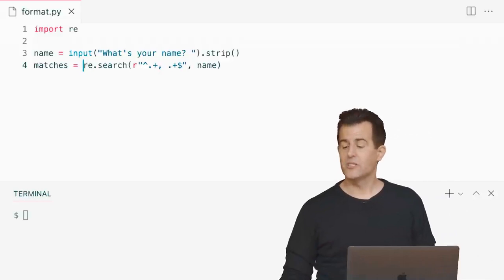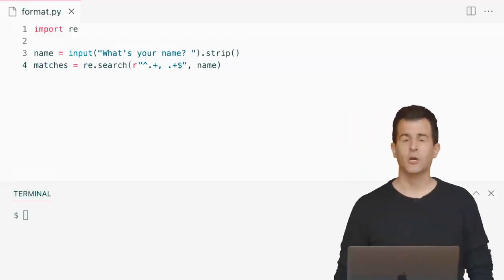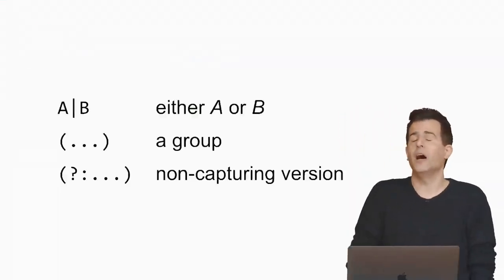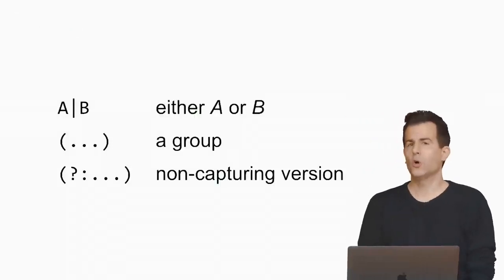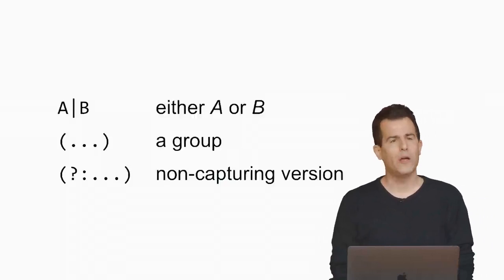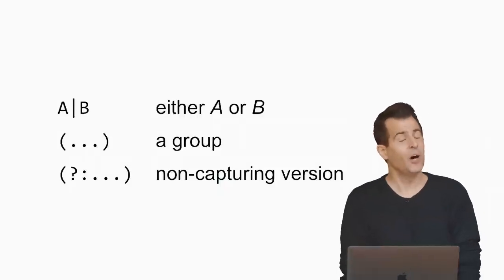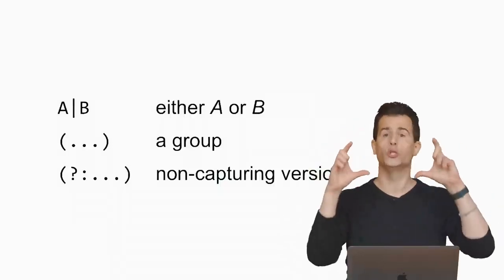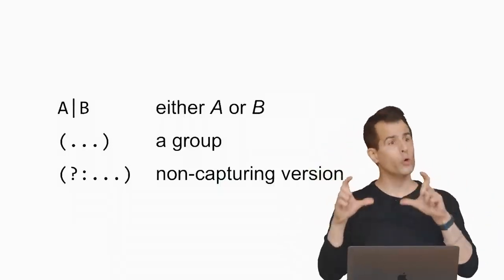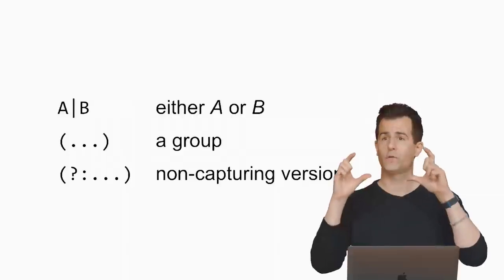Well, it turns out there's this other feature of regular expressions which allows you to use parentheses not just to group things together, but to capture them. When you specify parentheses in a regular expression, unbeknownst to us up until now, everything in the parentheses will be returned to you as a return value from the re.search function.